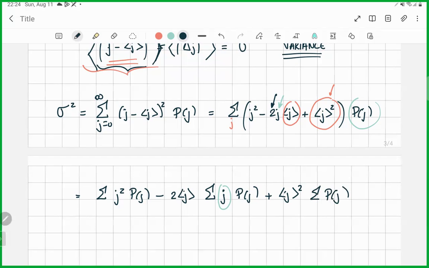So what do we have here? This first term is the definition of the mean of j squared.